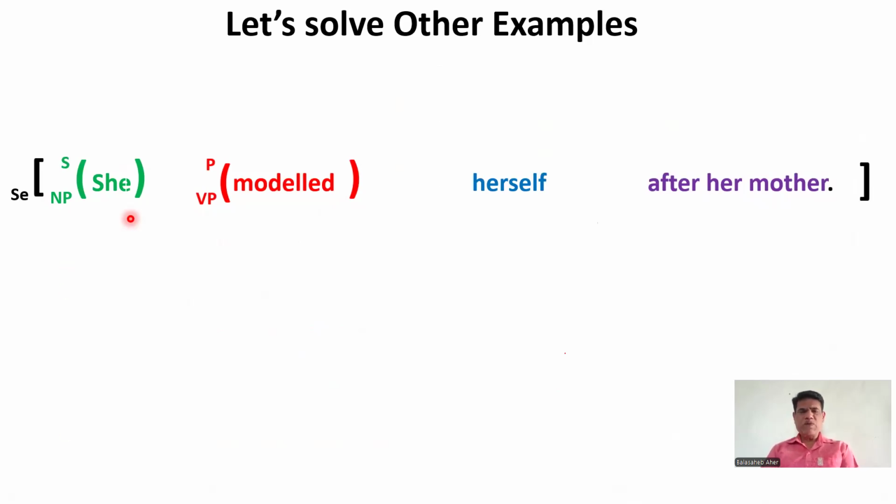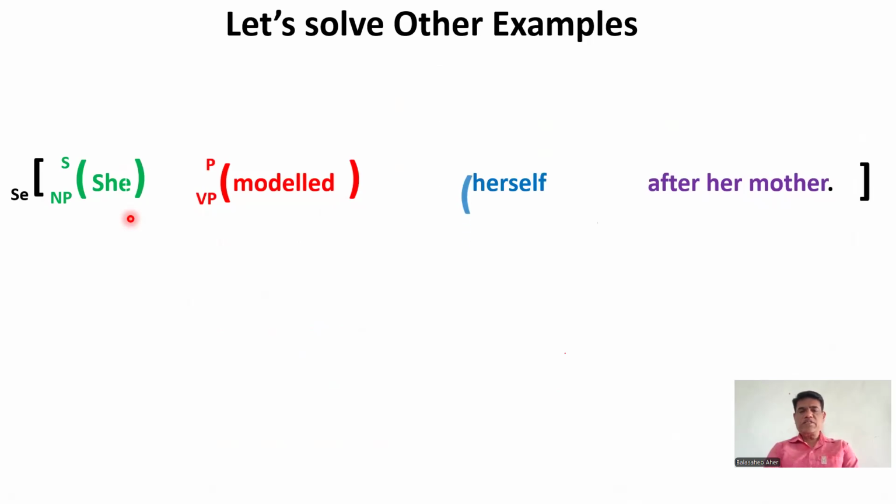Now let us come to the words that we have after the verb phrase, and the first is "herself". We have four words left: "herself after her mother". When you see the word "after", you can easily identify that this is a prepositional phrase. So it will have its own phrase from "after" to "mother", and "herself" we have to treat differently.